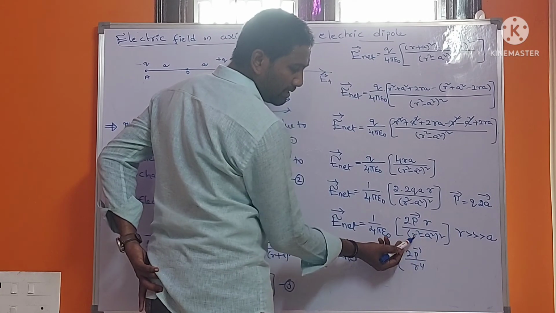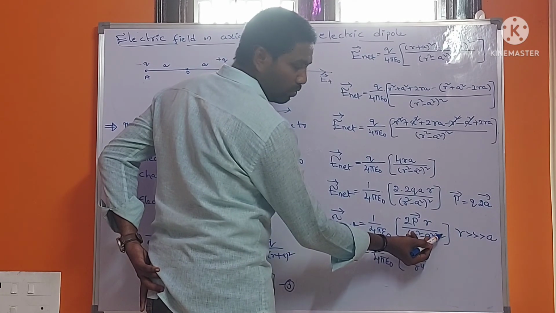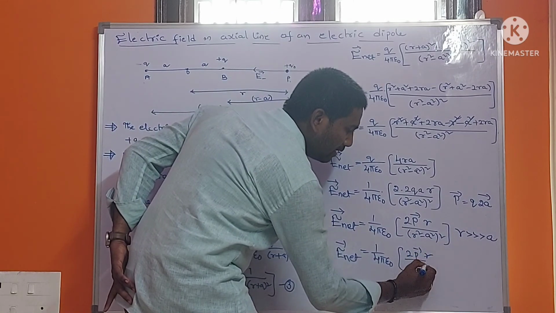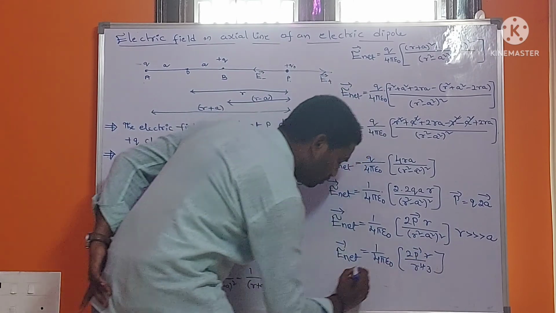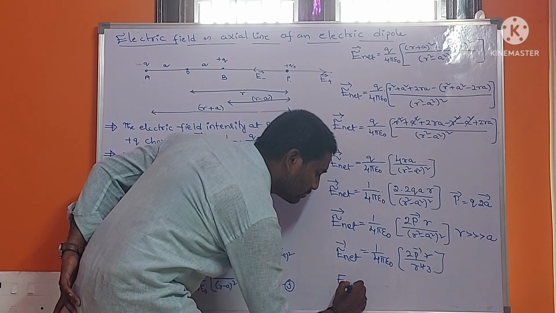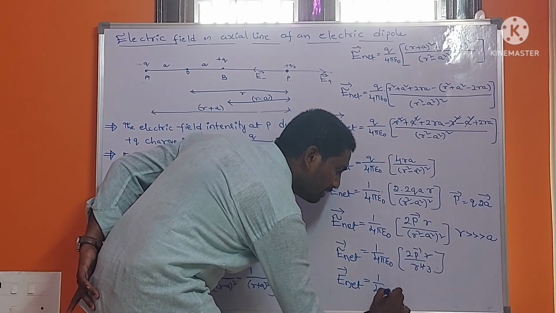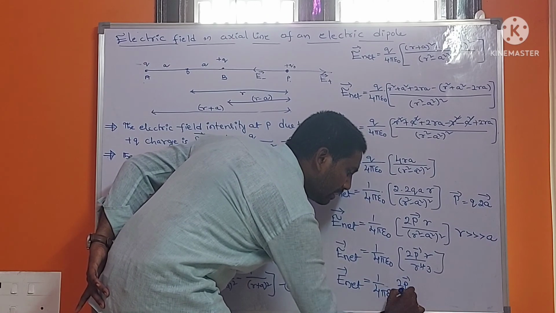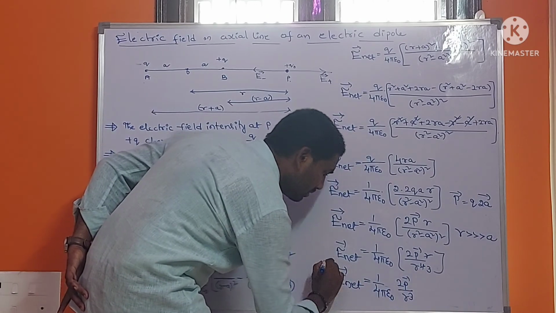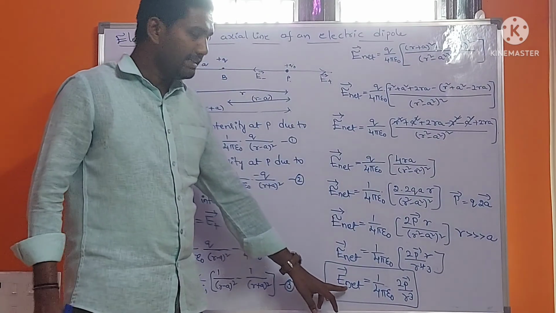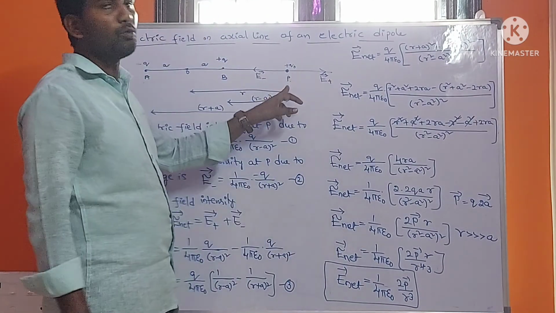Remaining term is R square whole square, that is equal to R power 4. Remaining, this is the R and the remaining 3 is there. So totally E net is equal to 1 by 4 pi epsilon naught 2P by R cube. This is the net electric field intensity at point P.